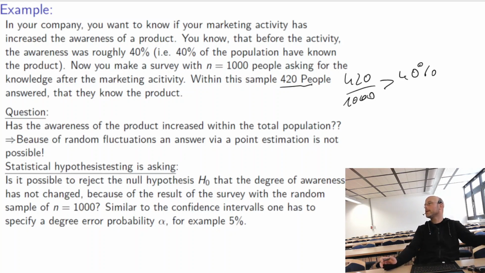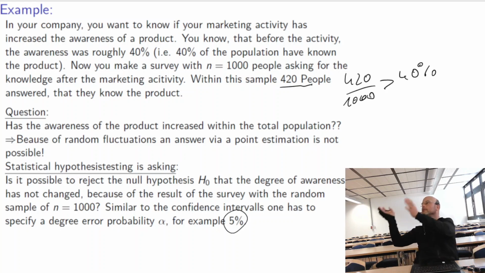I only can say that for a given probability, or the other way around, for a given error. And here, quite often, we take 1%, 5%, or 10% error probability.